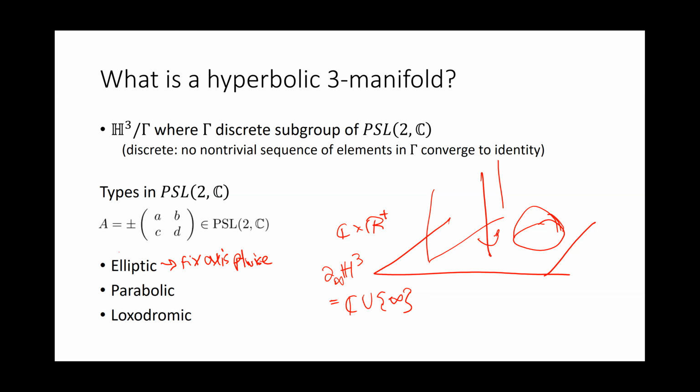These are not going to occur in the hyperbolic three manifolds because they give singularities, so we're going to rule those out. But the next two do occur. The parabolic ones fix a point at infinity and they translate along that. For example, they're given by translation along a horosphere.